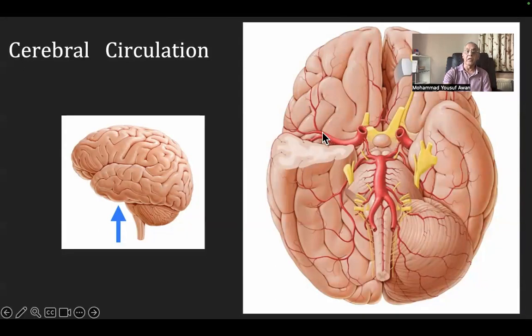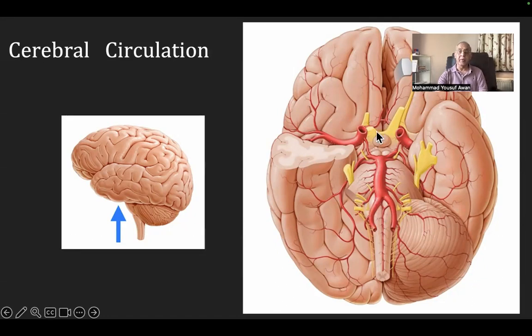So the anterior cerebral artery and the middle cerebral artery are the branches of the internal carotid artery which supply the anterior part of the brain. Two vertebral arteries combine to make the basilar artery, and the basilar artery divides into the posterior cerebral arteries, and this supplies the posterior part of the brain.